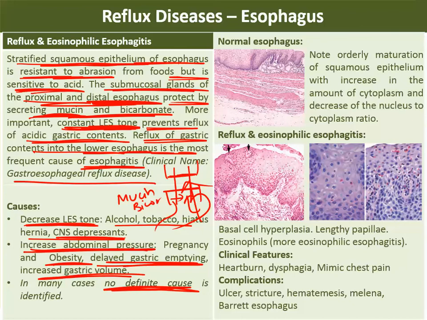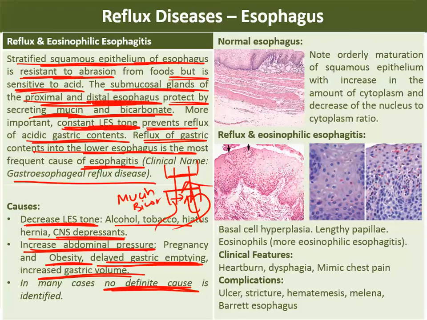That is called hiatus hernia. So with some part of the gastric area in the chest, it can easily enter into the esophagus. Understand? That will produce serious gastroesophageal reflux disease.